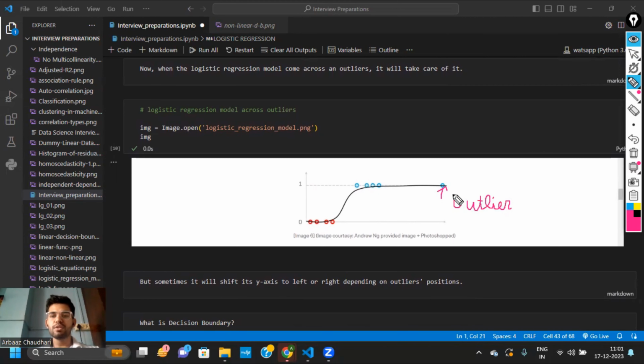Because of the sigmoid function, the curve will not be straight, but will be in an S shape. So here it is in an S shape.